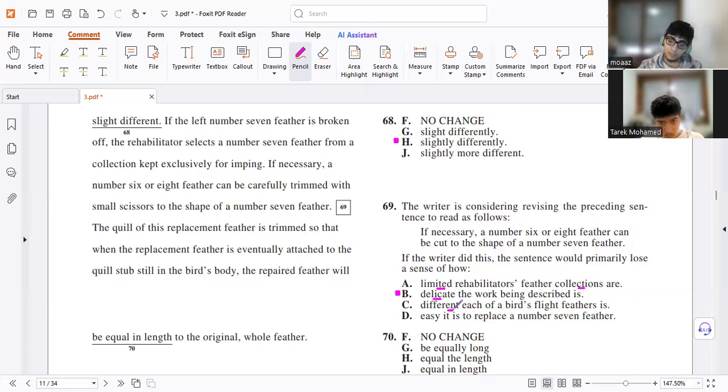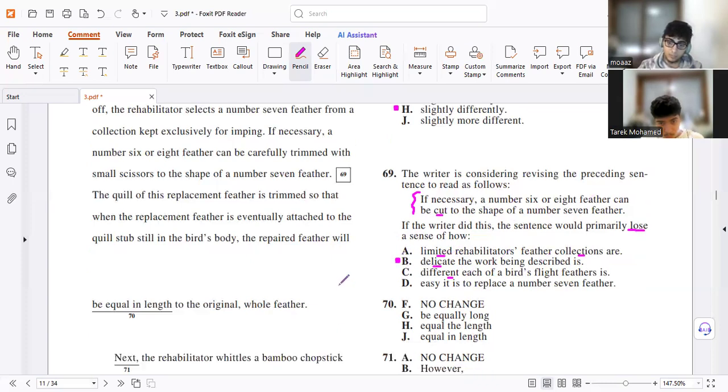Talking about how different each is. So we test the meaning of a sentence. As I told you, it's the same question about lose or delete. But here, number 69, feather can be cut delicately. It's about careful action. So delicate. Right.